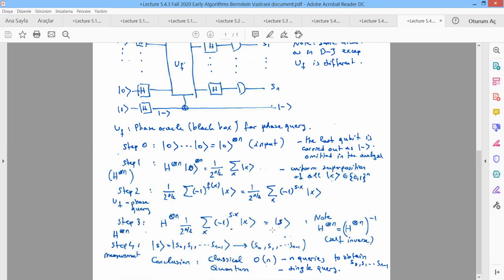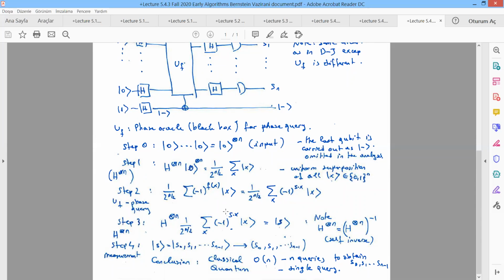Because remember, Hadamard tensor n is its own inverse. So if we have ket s in the input, and the Hadamard transform produces this quantum state, that means if you apply the inverse operation, which is the same Hadamard tensor n, you would obtain the input state back.